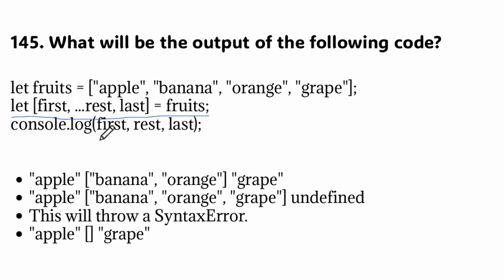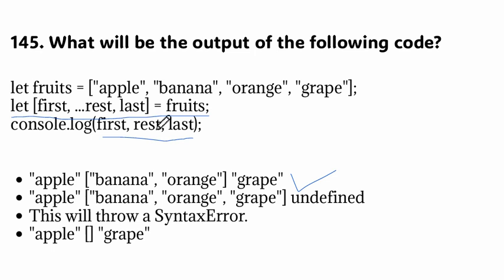You can see inside the console.log I am seeing first, rest, and last. So what will be the correct answer? The first one is the correct answer, because as I said earlier, first will take apple, or apple will take the place of first. So in the output we can see that apple will come in the place of first inside the console.log.